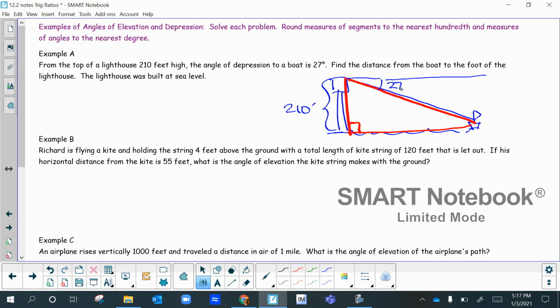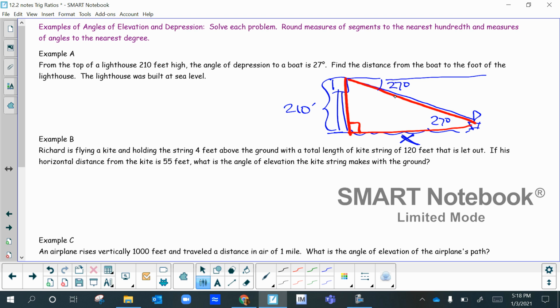It's 27 degrees, okay? Find the distance that the boat is from the foot. So I'm going to put a big X here because this is what I'm looking for. Okay. And so if that's 27 degrees, you should be able to solve for this one here, or realize that this is also 27 degrees because these are alternate interior angles. So either one of those works. Okay. So I'm just going to use this 27 because I don't feel like subtracting.